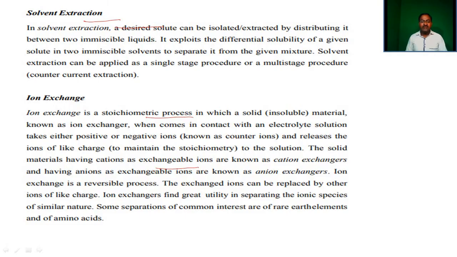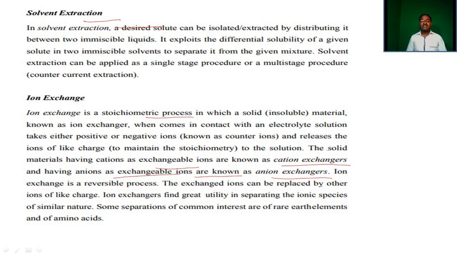Solid materials having cations as exchangeable ions are known as cation exchangers, and those having anions as exchangeable ions are known as anion exchangers.